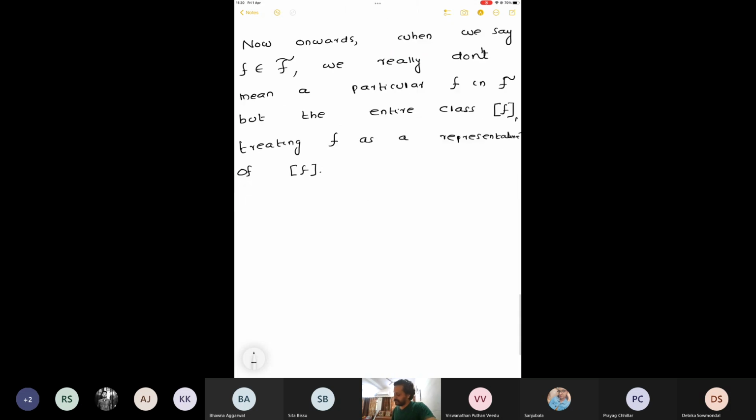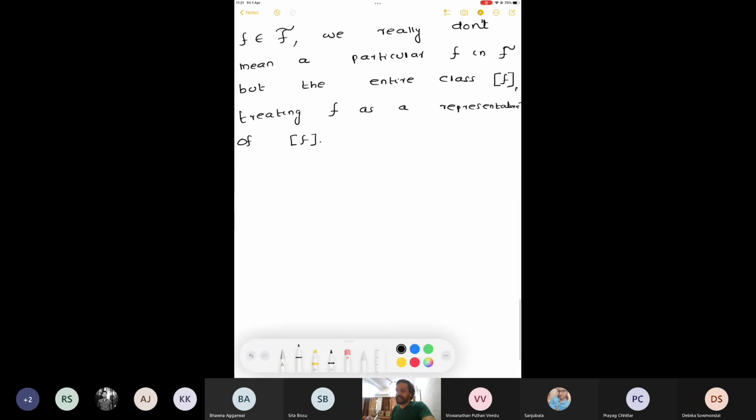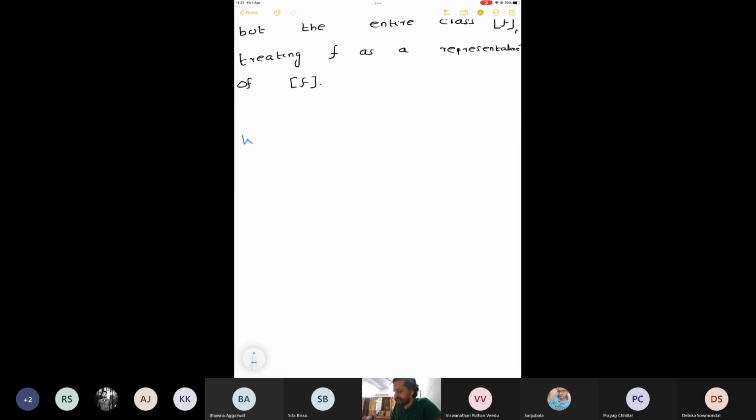Now I'm going to define a new set. We say that f, an element of script F, keep in mind, when I say f, I actually mean any g equivalent to f, or in other words, I mean square bracket f.